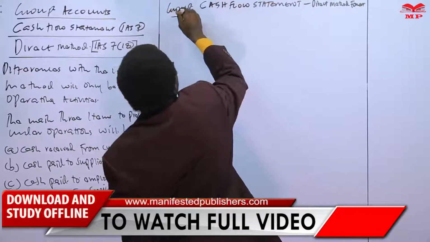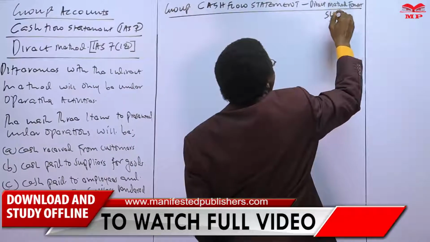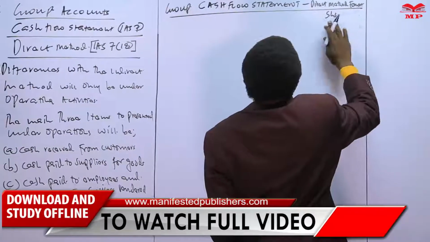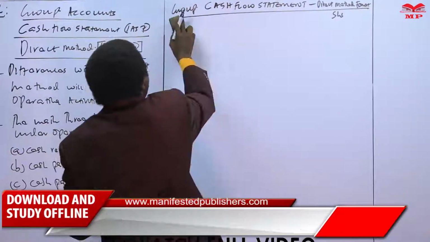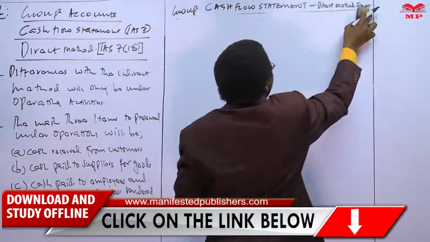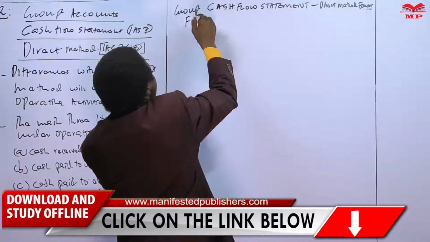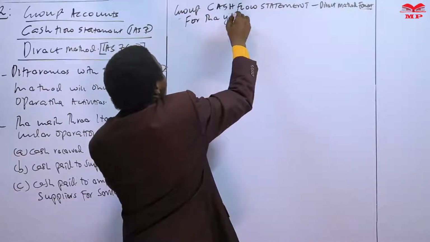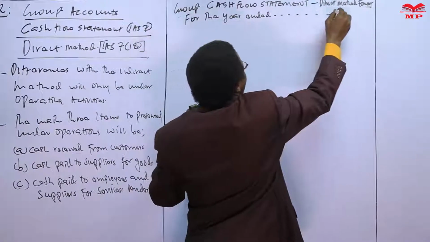We want to look at the direct method format. As usual, we have the 2 columns. Because it's just a format, I could also say, as we like saying, for the year ended.